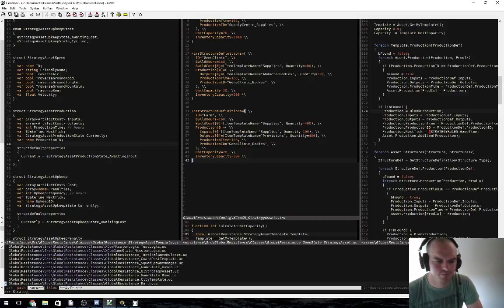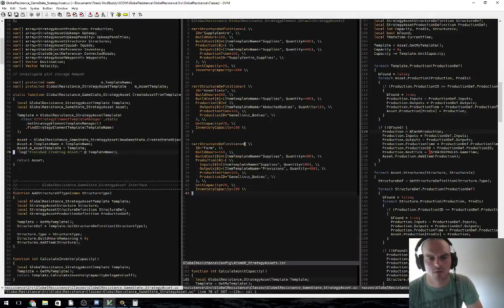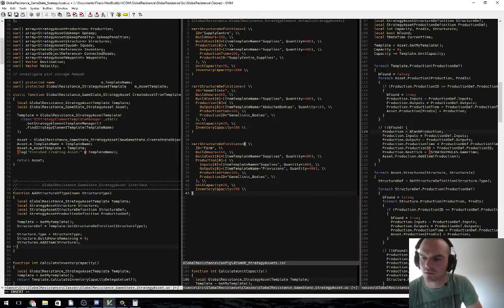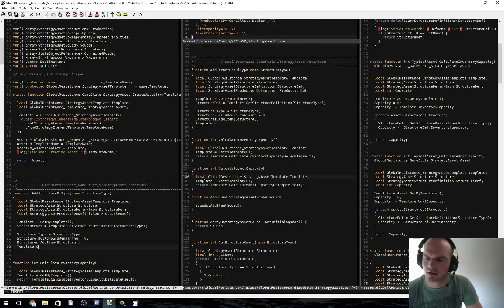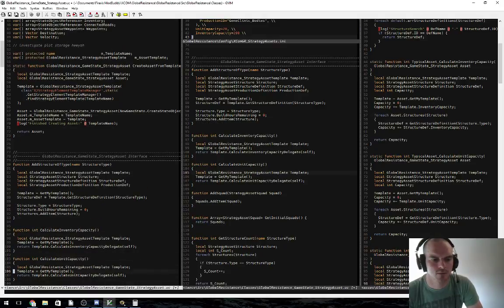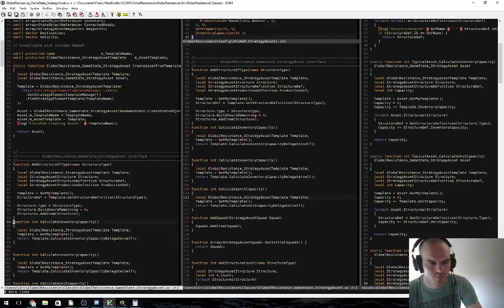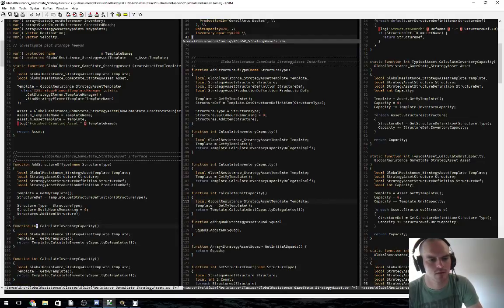Alright, so this strategy asset, whenever you add a structure of a type, what we then want to do is go template dot calculate. We want to run that on ourselves. Calculate production.